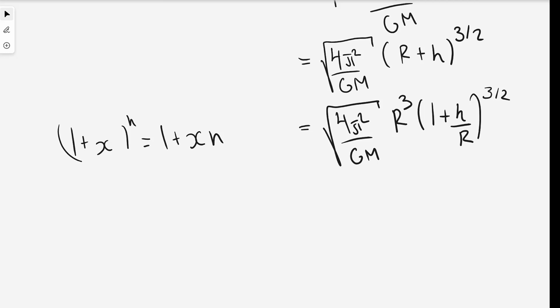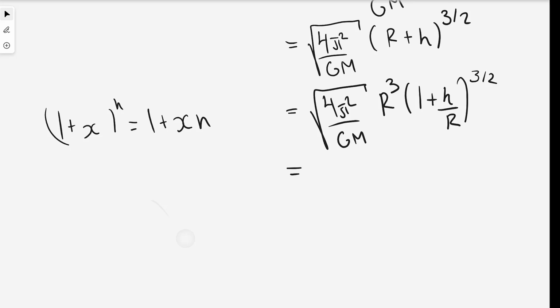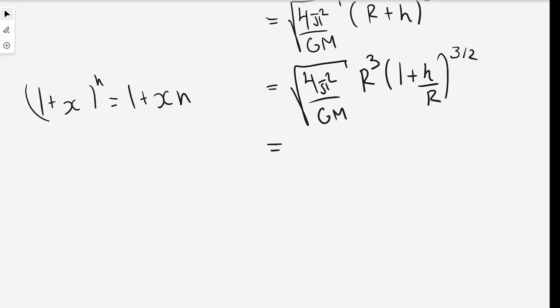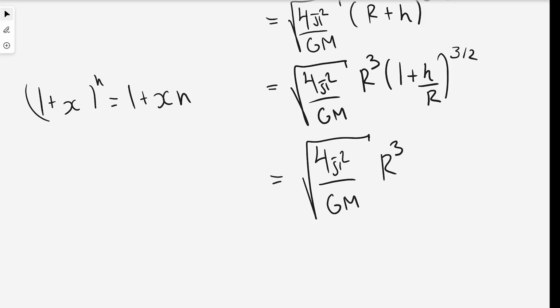Okay, well, now what I'm going to do is just apply this expansion over here on the left. So this whole expression will be equal to 4 pi squared over GM, and this will be r cubed. Now, rather than (1 plus h over r) raised to the power of 3 over 2, I'm going to write down 1 plus my x is h over r, and my power n is equal to 3 over 2.